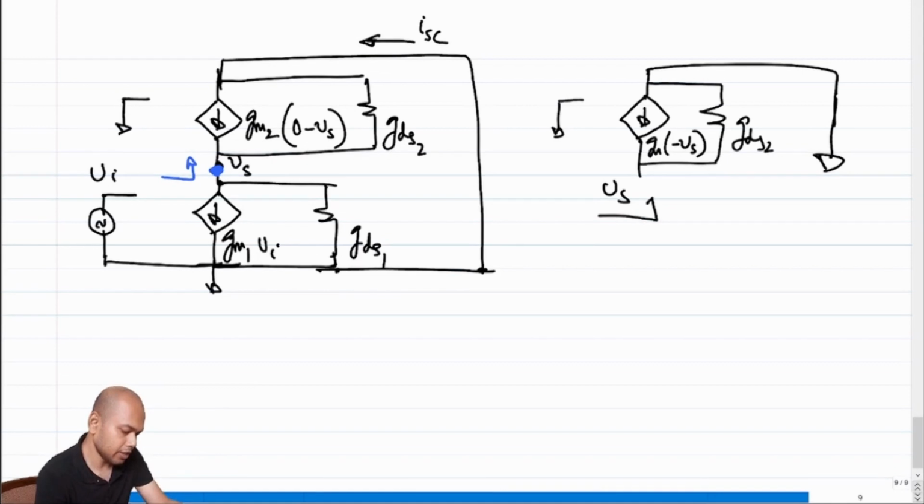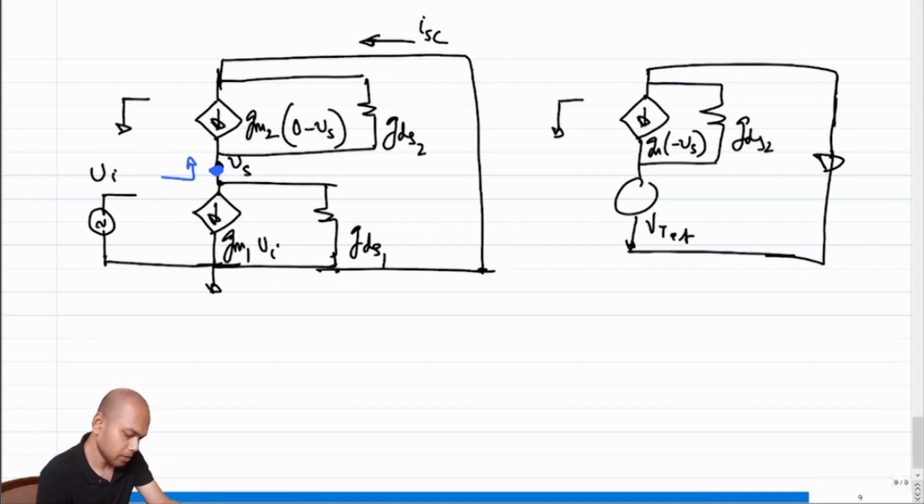What will you do? The same old. You apply a V test, and we find the I test. And instead of putting minus Vs, we can flip the direction of the current. This becomes GM V test.